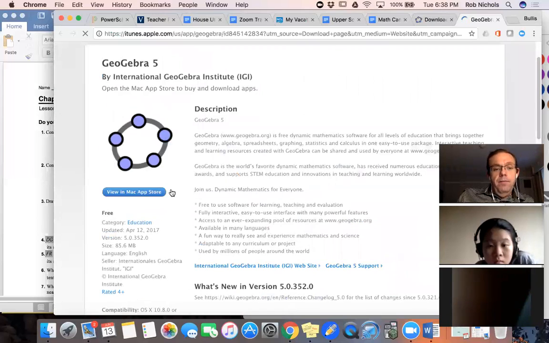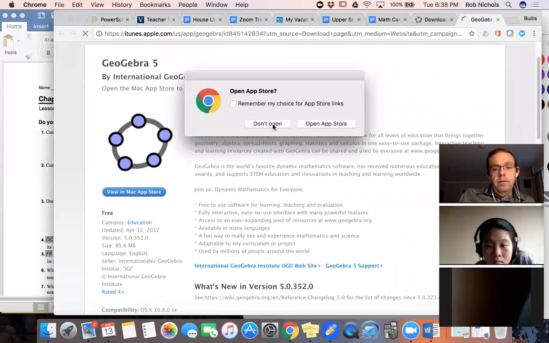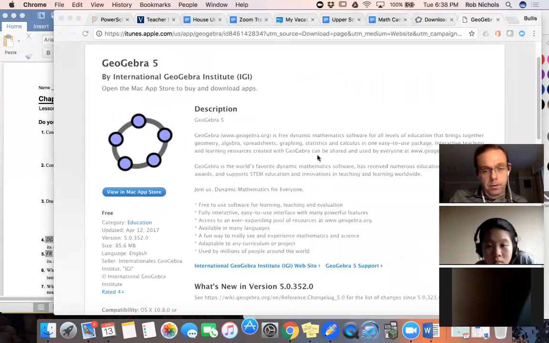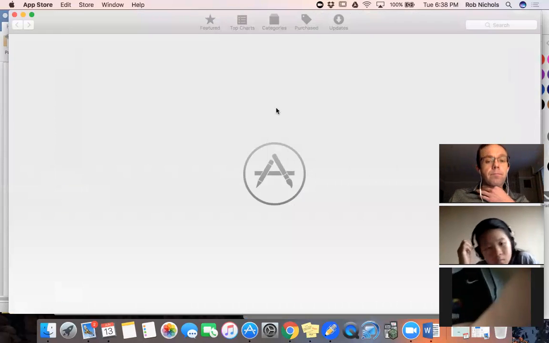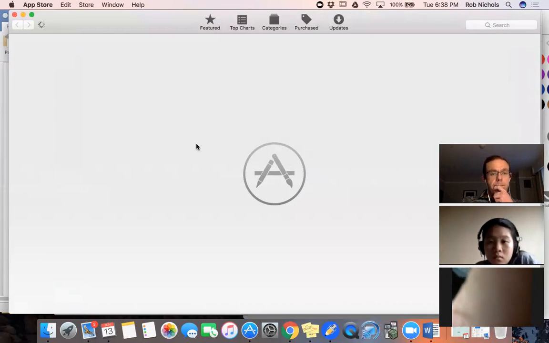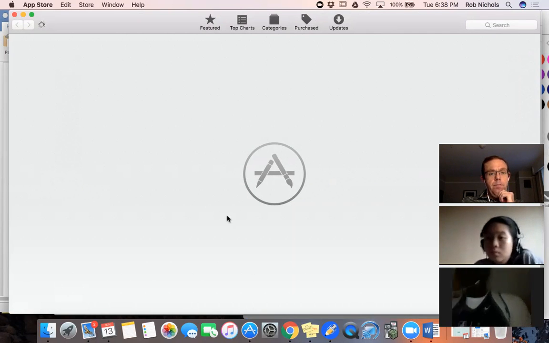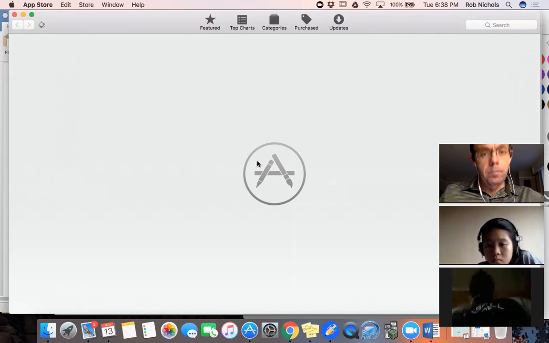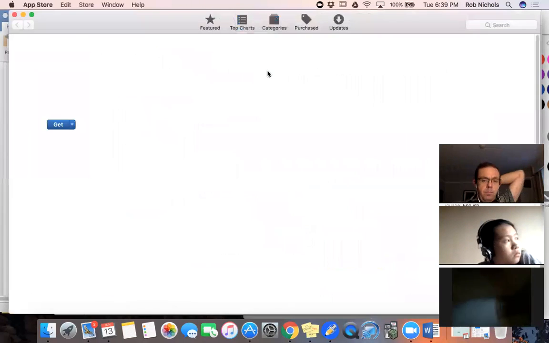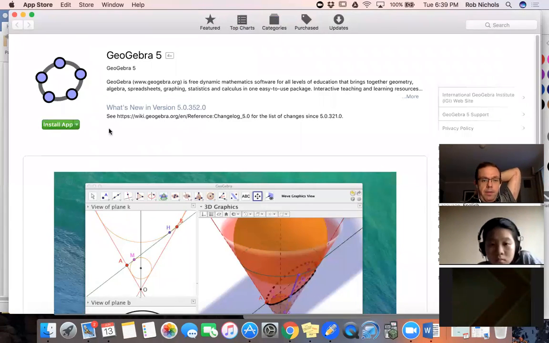So this is all fantastic. Open the App Store. All right, there it is, GeoGebra.